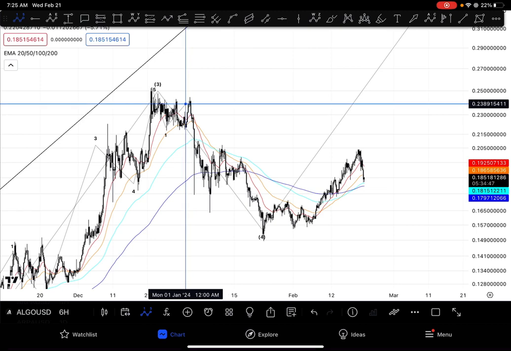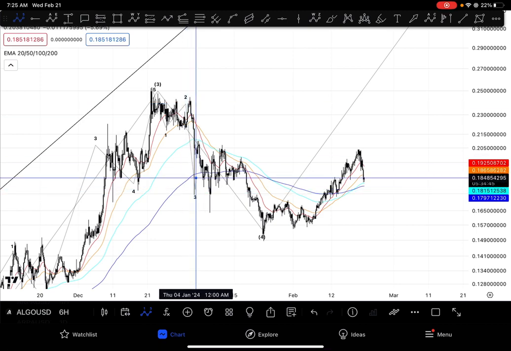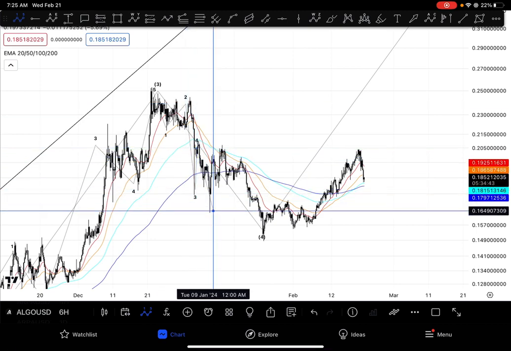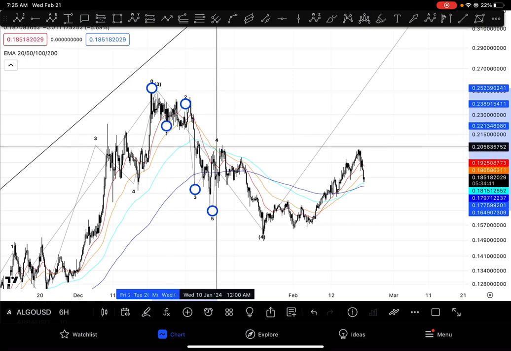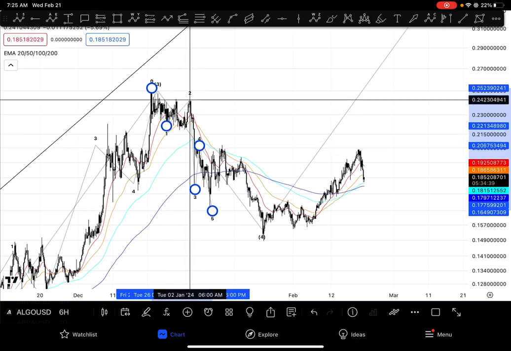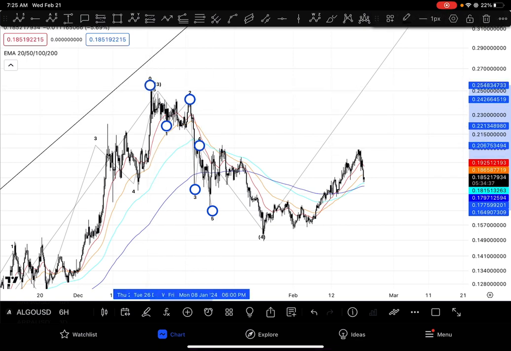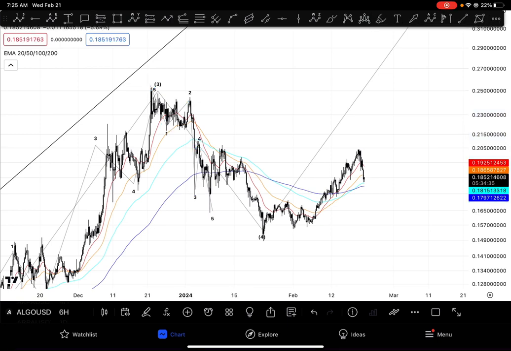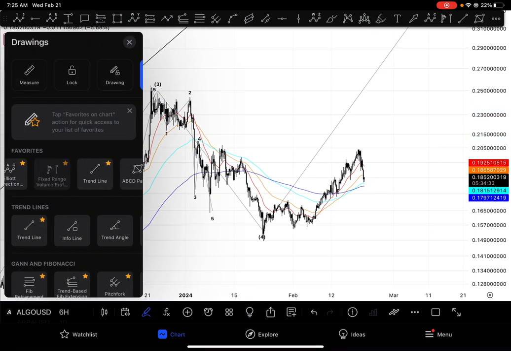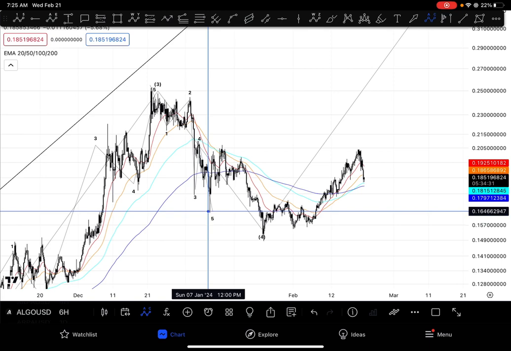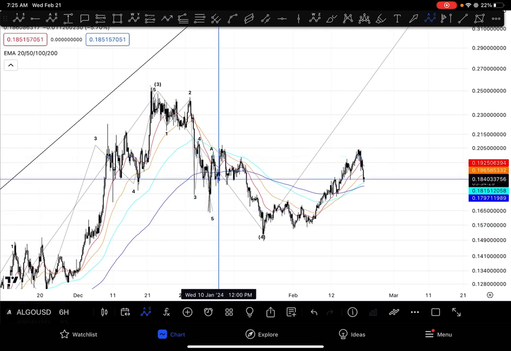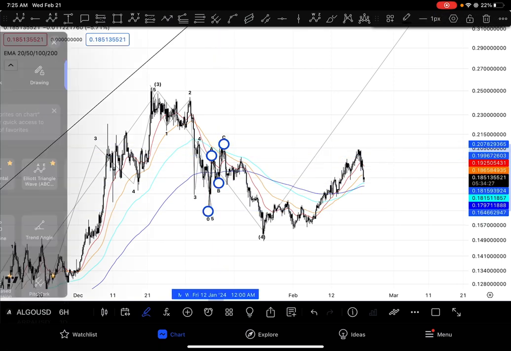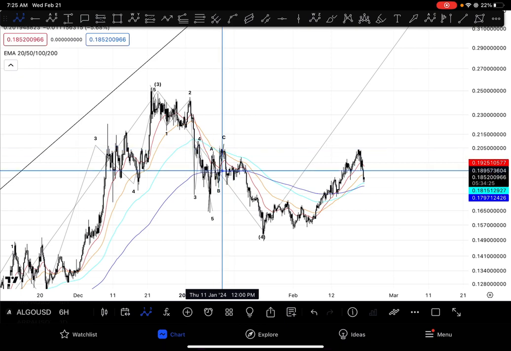You have an ABC for your wave 2, explosive wave 3, wave 4, and then your wave 5. You see how quick this wave 4 was? Because we had a little bit of a complex wave 2. And then what you have is an ABC up. Okay, so this is your A, B, C, and then you have another 5-wave move down.